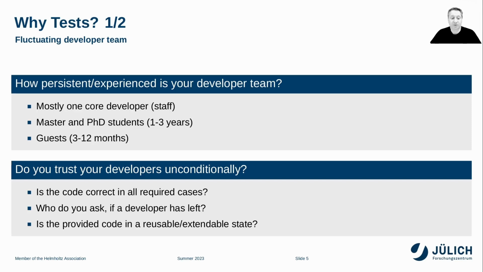And the third question could be, is the provided code in a reusable or an extendable state, so other people can understand what has been written and can extend it easily? All these questions basically come down to, let's write more tests, because if there's a test for something, you can look into that code and see exactly what's going on and check if it works as expected.